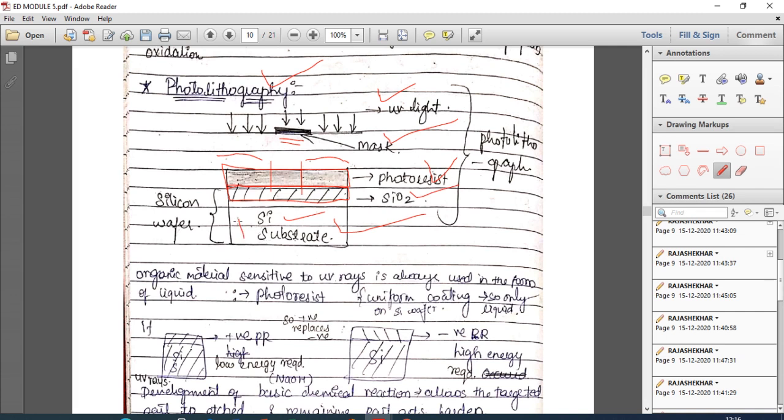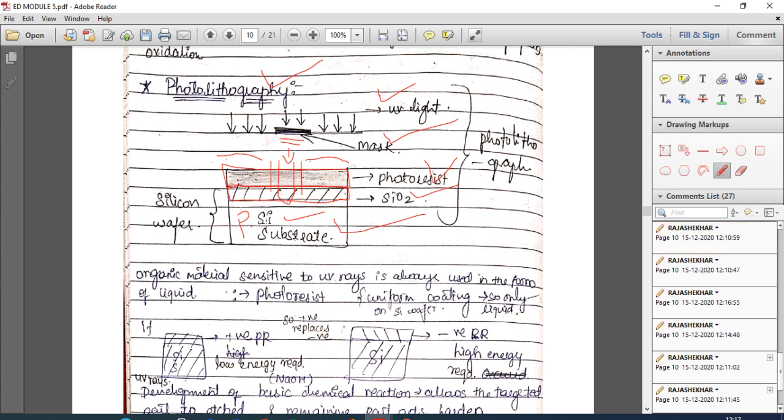Suppose I take this as p-type material. Once I remove this material which is softened, this complete material will be removed, and here I can now add impurity to this silicon substrate, which forms one layer.